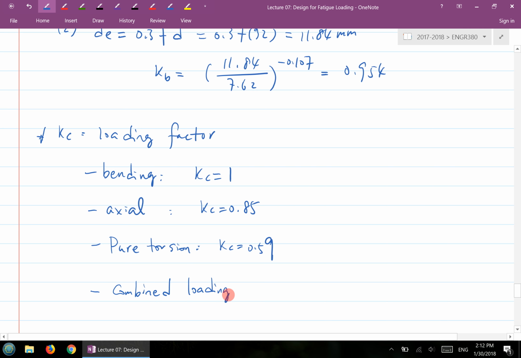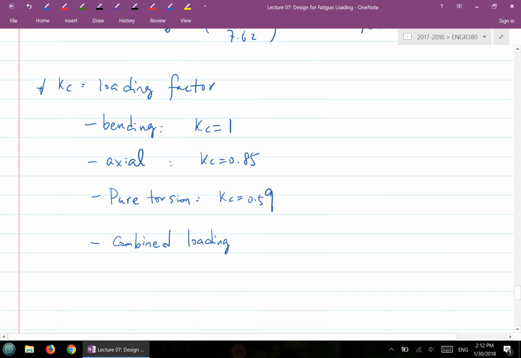Okay, so combined loading here. So it could be combined loading, basically means it's a combine of bending plus torsion, or a combine of bending plus axial. Okay, yeah. So for example, as I said, it could be bending plus axial. Okay. So if this is the case, we set our Kc equal to 1.